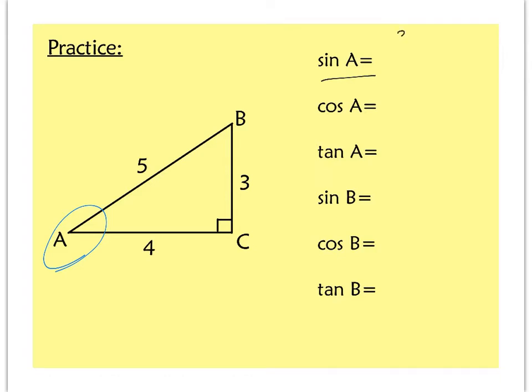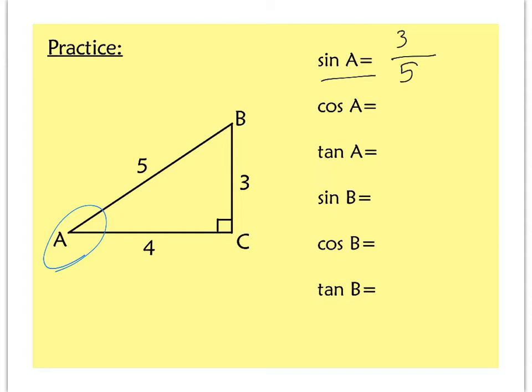So I'm going to set it up: 3 over my hypotenuse. Some old hippie, H as the hypotenuse. The hypotenuse on this one is 5. I know it's 5 because it's the one that's not touching the right angle. It's all the way across from it. The hypotenuse is always there. So the sine of A equals 3 over 5.